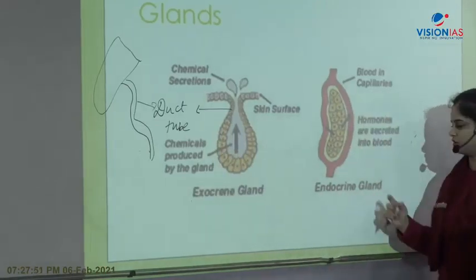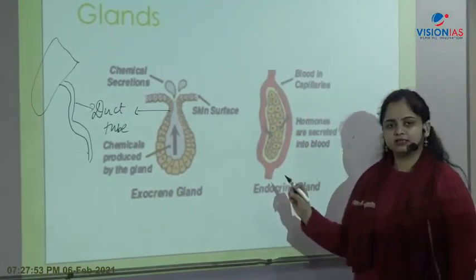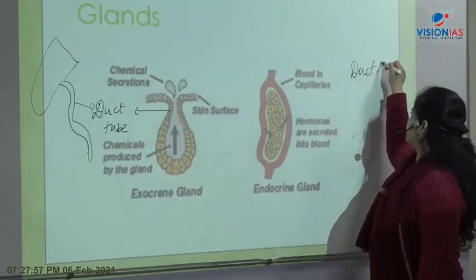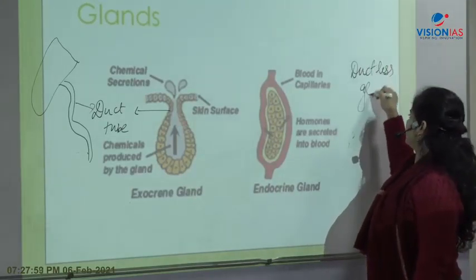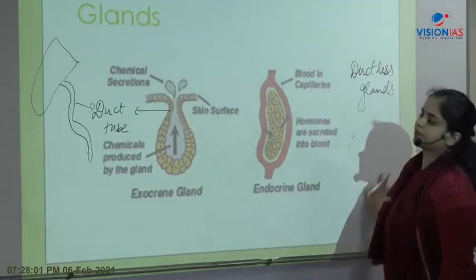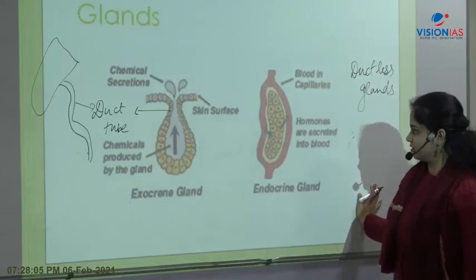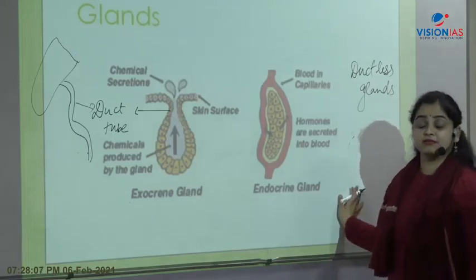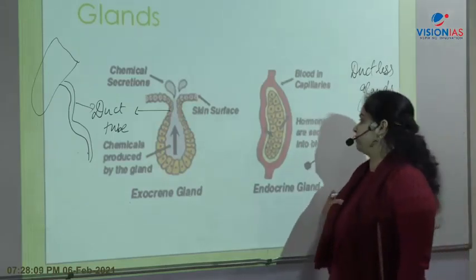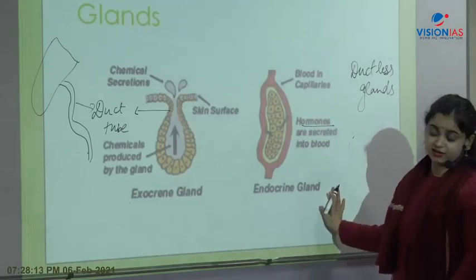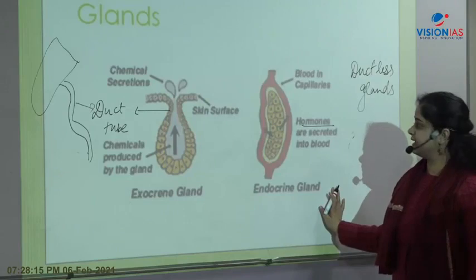This is what we want. There are some other glands which do not have ducts. We call these ductless glands. There are no ducts, but they are making some secretions. They are producing some chemicals, and these chemicals are called hormones. We've heard hormones, right?